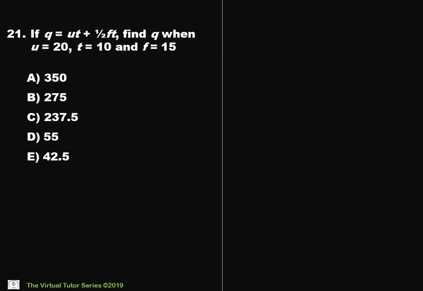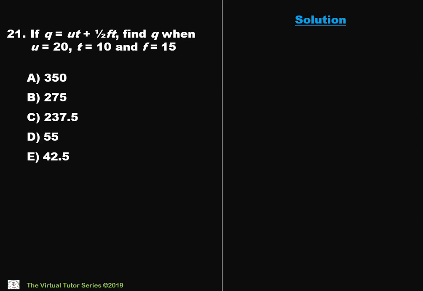Question 21. If K is equal to UT plus half of FT, find K when U is equal to 20, T is equal to 10, and F is equal to 15. Solution.